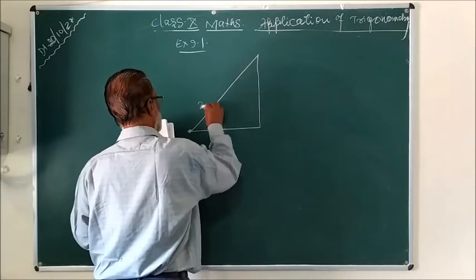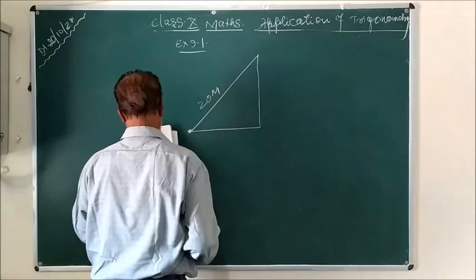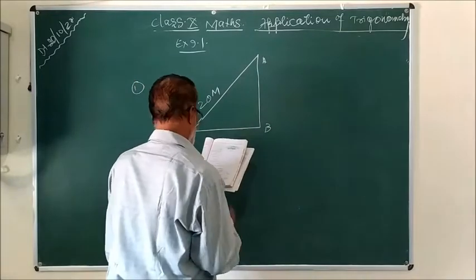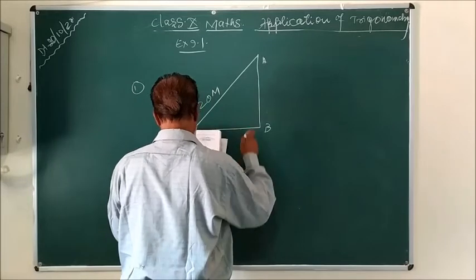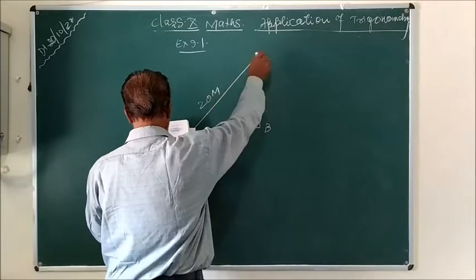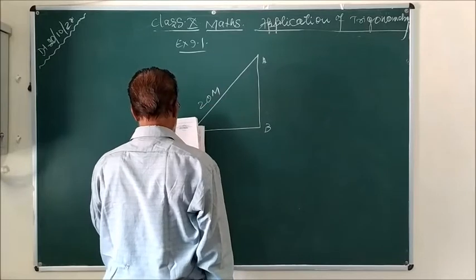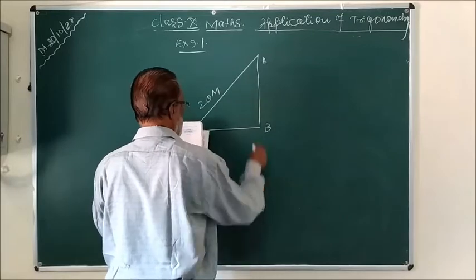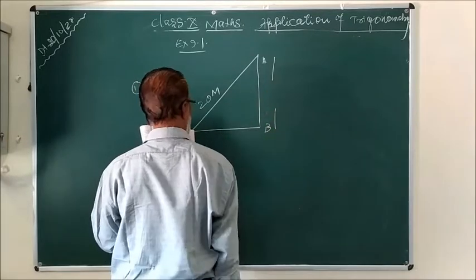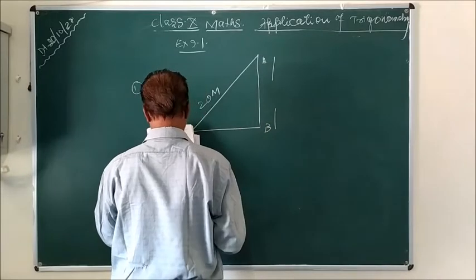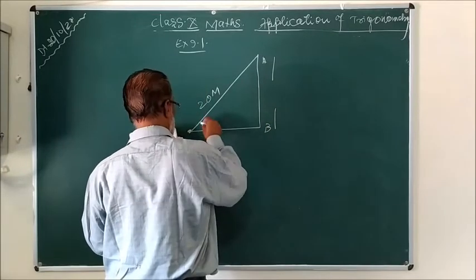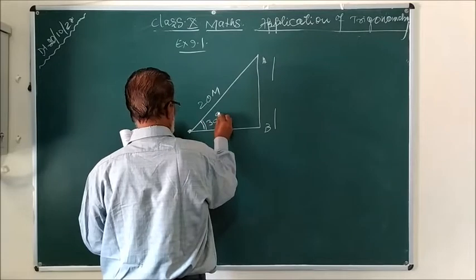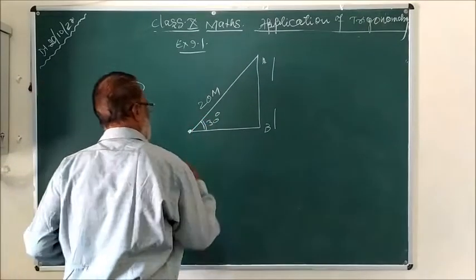This is 20 meters. And AB is the tall pole with which the rope is tied, and the artist is climbing this tightly strapped rope tied from the top of the vertical pole. Find the height of the pole, if the angle made by the rope with the ground is 30 degrees. One thing I would like to explain is this angle may be any angle.